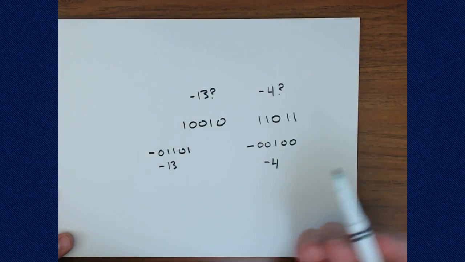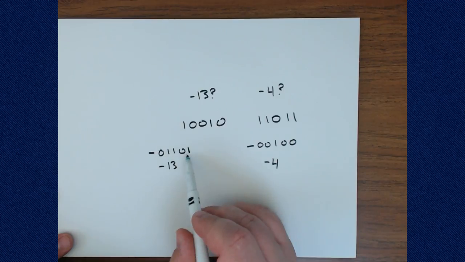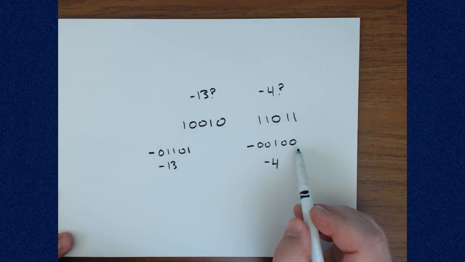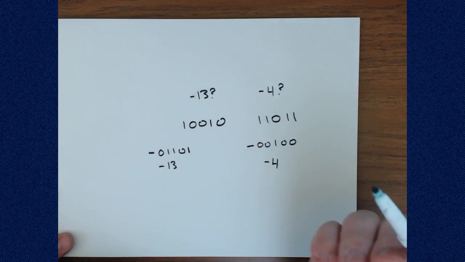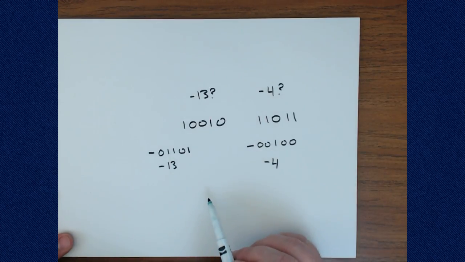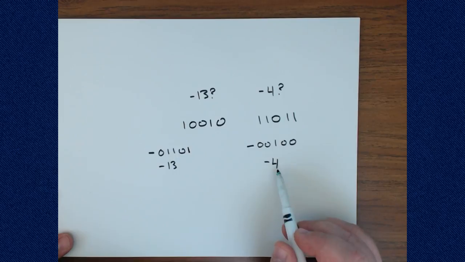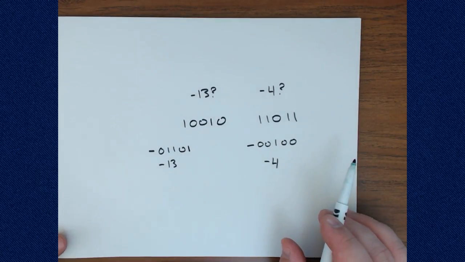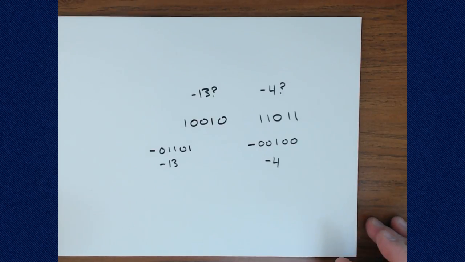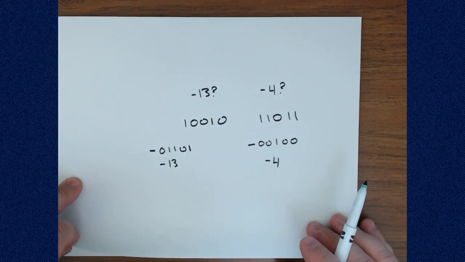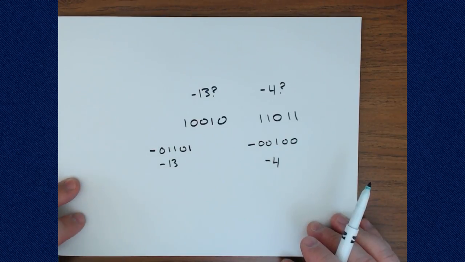Now we can actually see that we've already done that, because here we flipped each of those bit patterns. We just put the little negative symbol in front so that we abstractly understood that it was originally a negative number. And then here's what that absolute value was, those positive values. There's 13, there's 4, just with the little marking in front to remind us that it was negative. So in fact, our answer has worked out just fine.